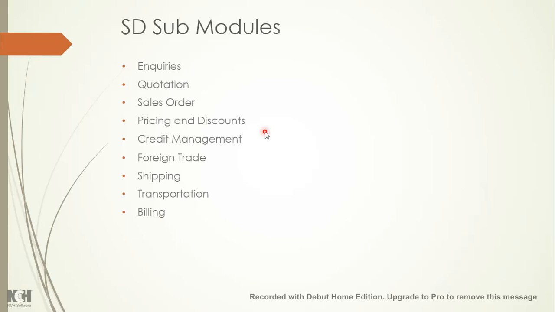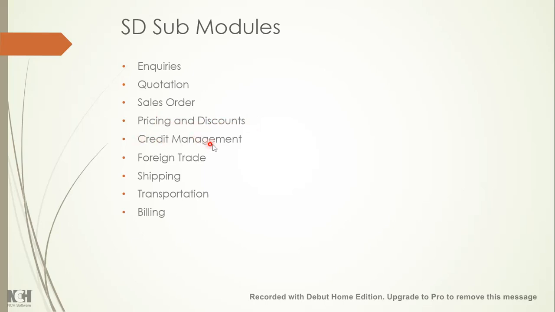Then you add other expenses, for example transportation cost, or some overheads you want to recover, or you may have some taxes. Those things you define as conditions within the pricing, and then you also add a discount element. Based on the volume, you want to give some discounts. Those things you do in this section.